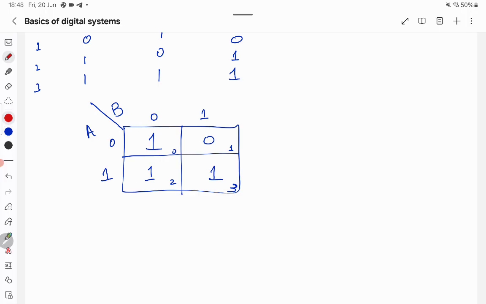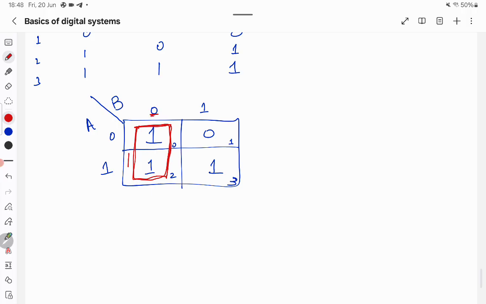So how will you consider the K-map for these two inputs? You will take these two as one group and these two as another group. Since b is changing, let's consider 1, then we can go for 2. If you look at this box, this column value remains constant, but b is changing, here it is 0, here it is 1.